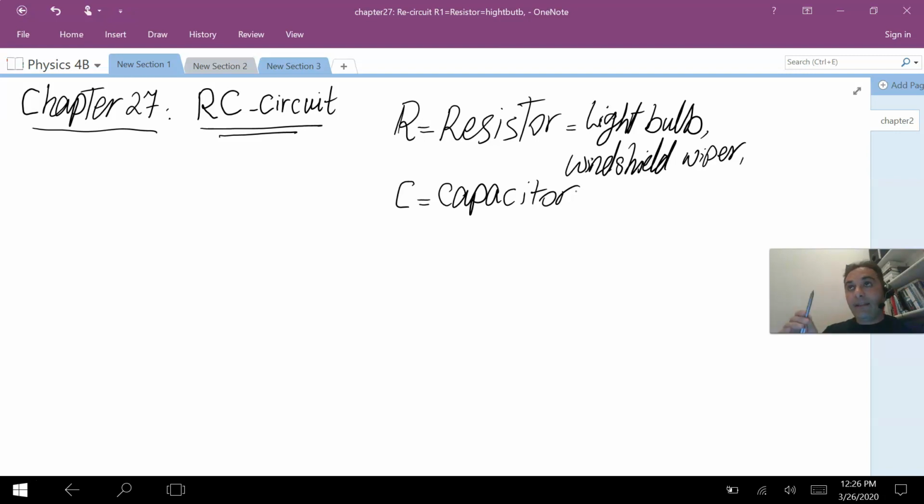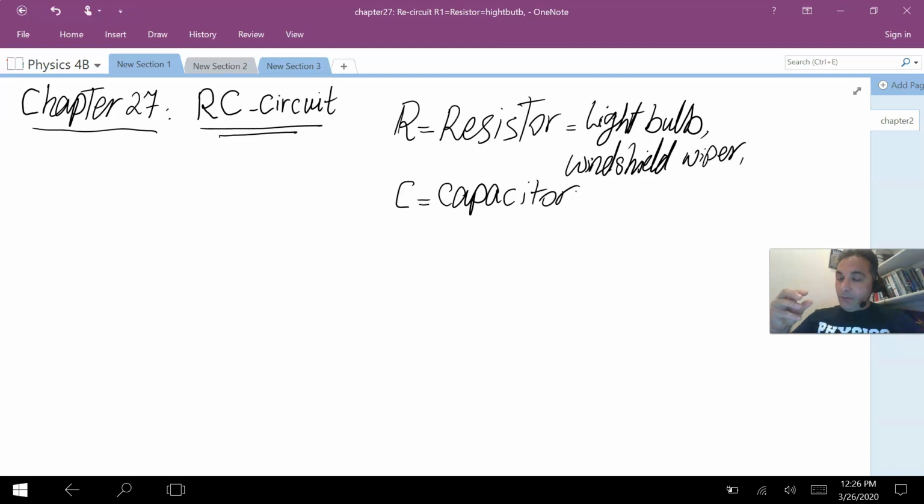So in anything that you see delay in working, like for example, windshield wiper in your car, you can adjust it. If you see on the gauge, you have lines like 2, then 4, then 6, then 8.